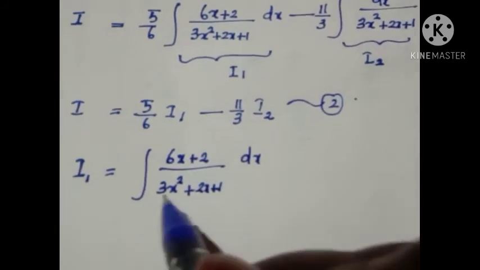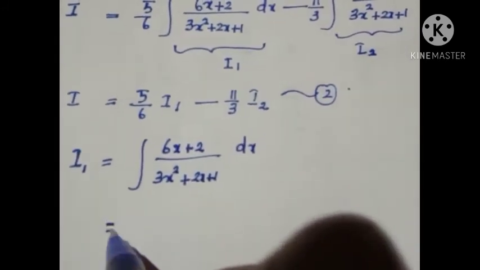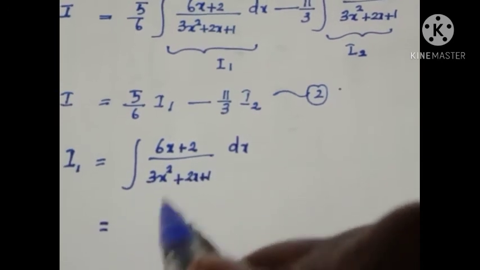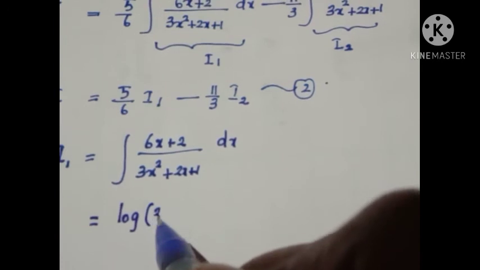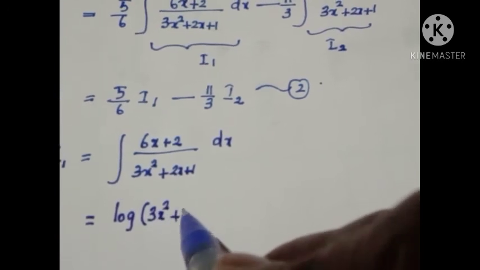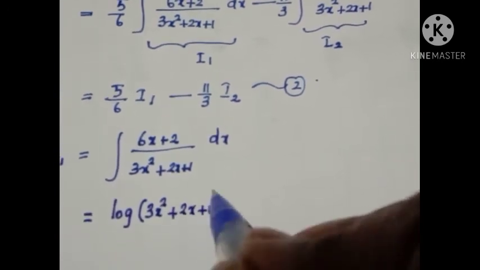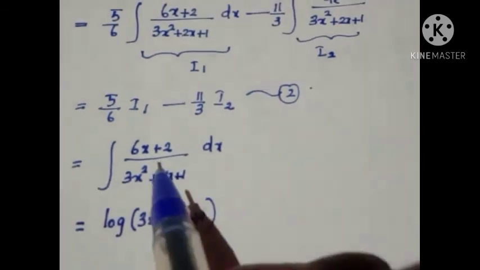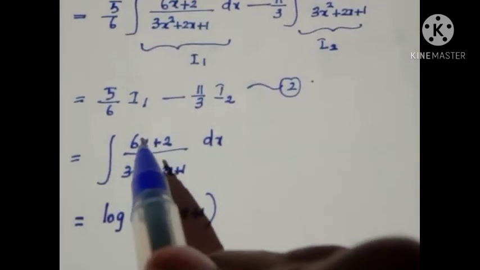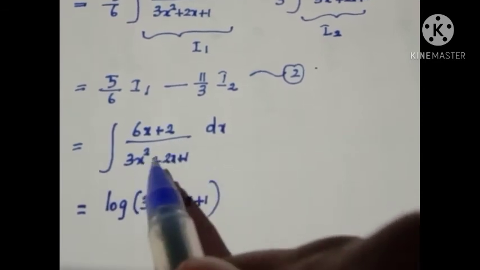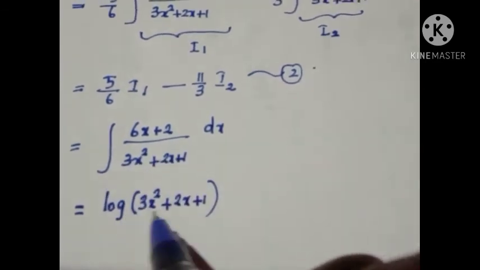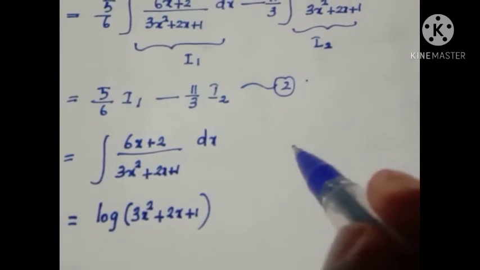So you can directly write the answer as, listen, integral of this function is log of the denominator 3x² + 2x + 1. If numerator is the derivative of denominator, then the integral is log of the denominator.